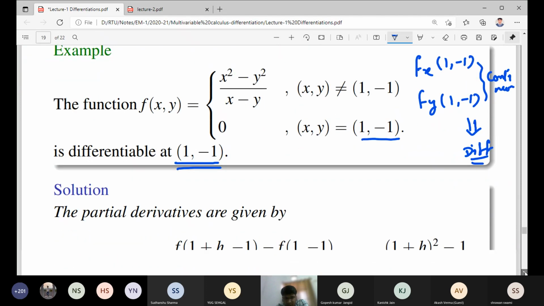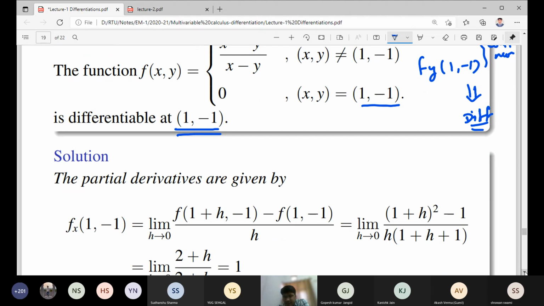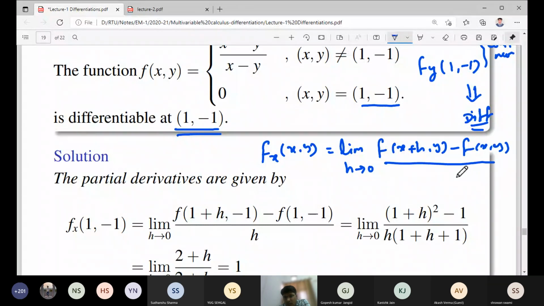By the definition of the partial derivative with respect to x, the partial derivative at the point (x,y) is given as the limit as h approaches 0 of [f(x+h, y) − f(x,y)]/h.